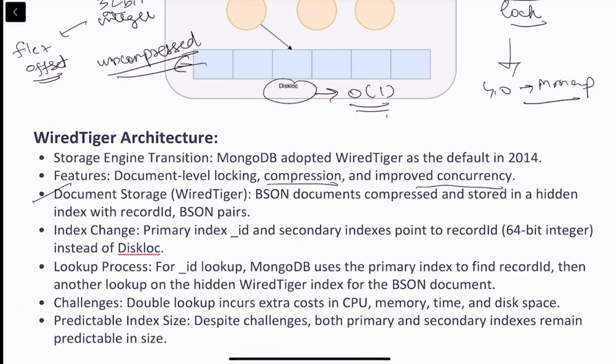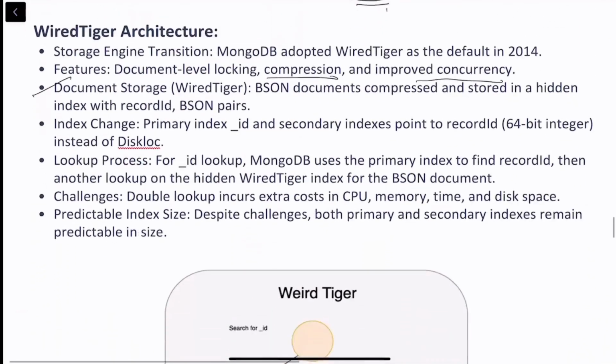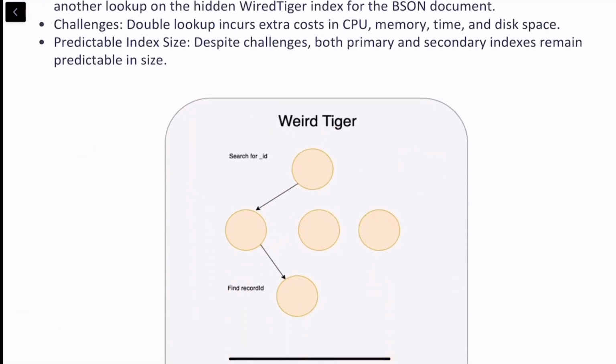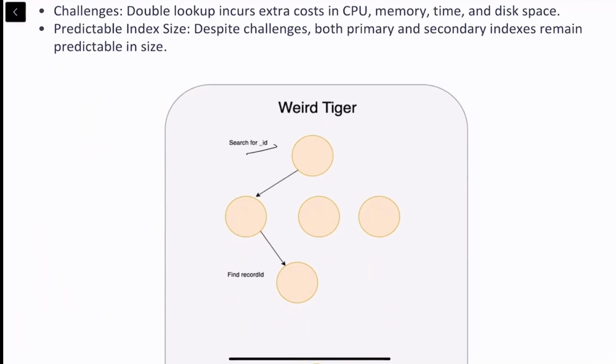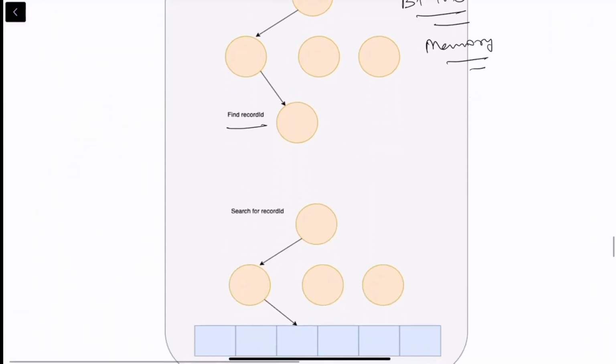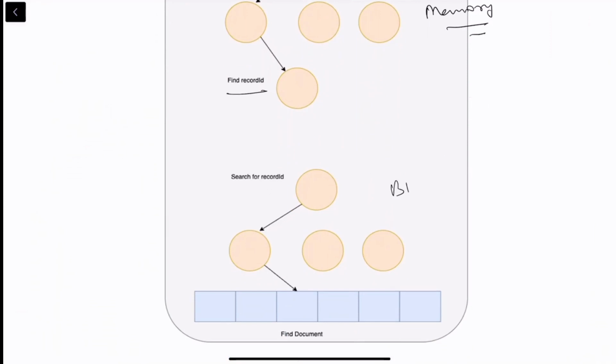The lookup process in MongoDB was one of them. Retrieving documents in MongoDB now became a two-step process. First, MongoDB used to search for the record ID. So there was a B+ tree in memory to look up the record ID, and then there was another B+ tree in memory from where the record ID was used to find the actual document.